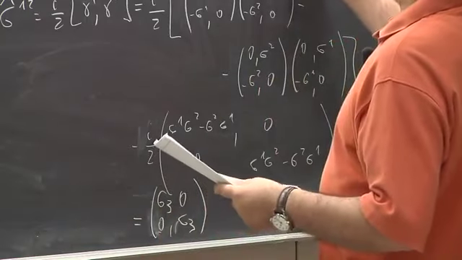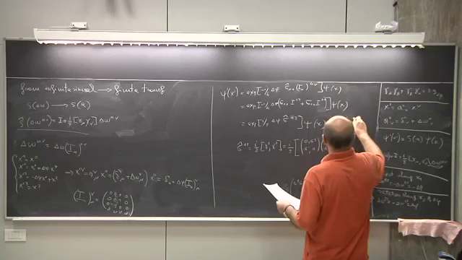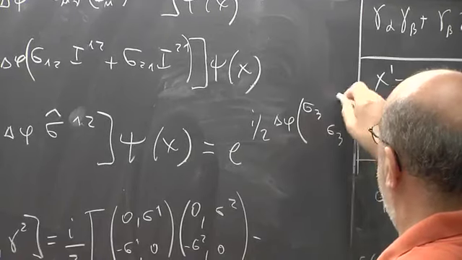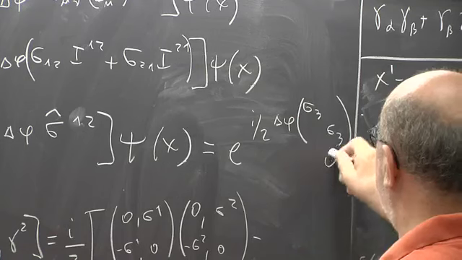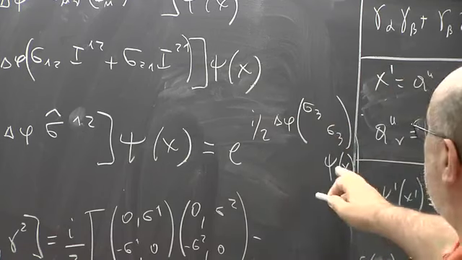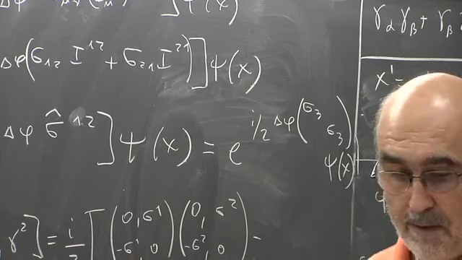So this rotation is nothing else than exponential of i over 2 delta phi sigma_3, which is the 4x4 matrix applied on the 4x4 vector.